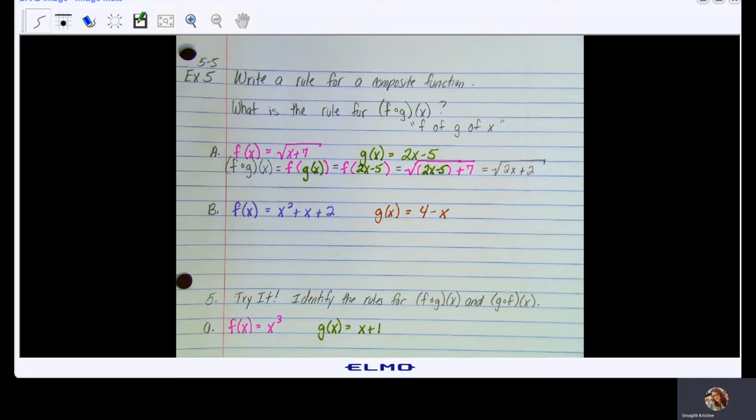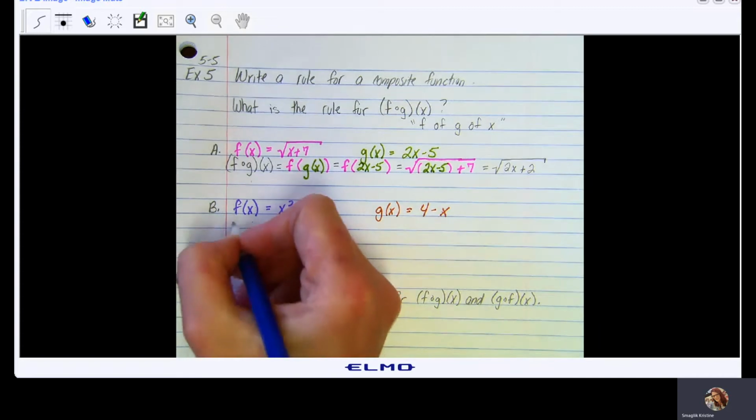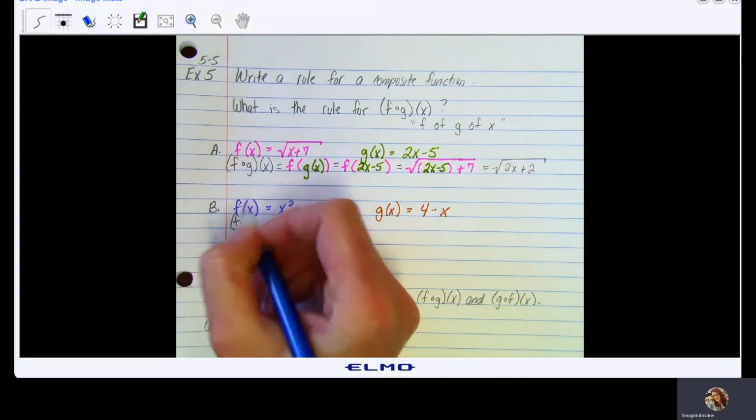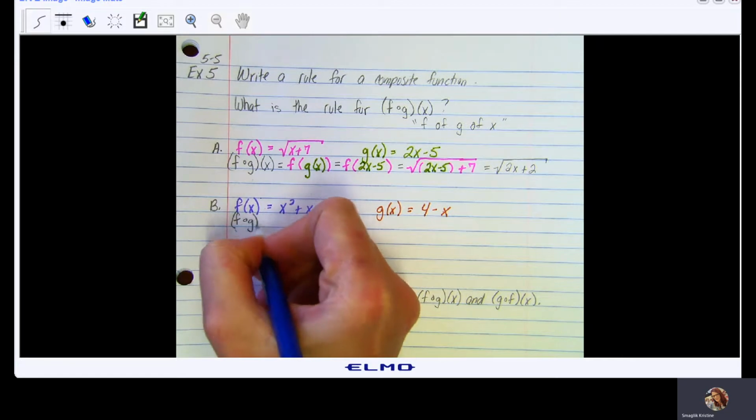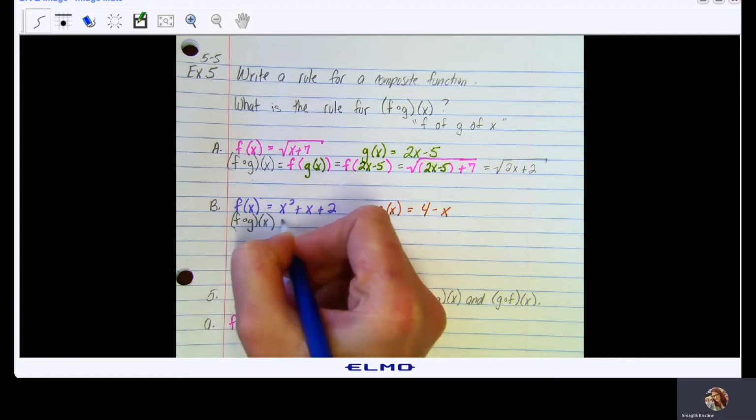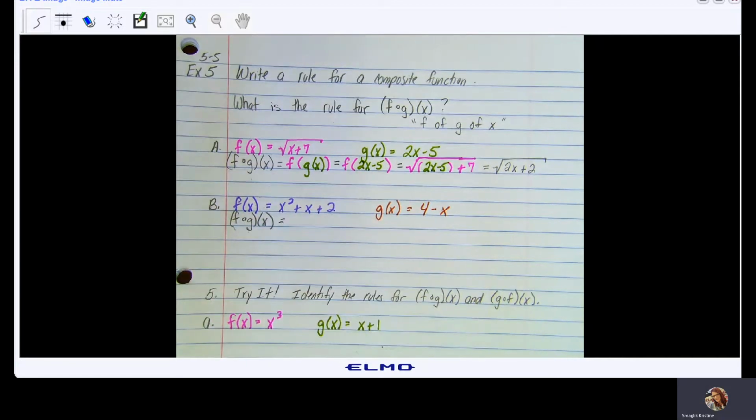Now we have f of x equals x squared plus x plus 2, and g of x equals 4 minus x. So let's again find f of g of x. And again, I'm going to write it out all the way.